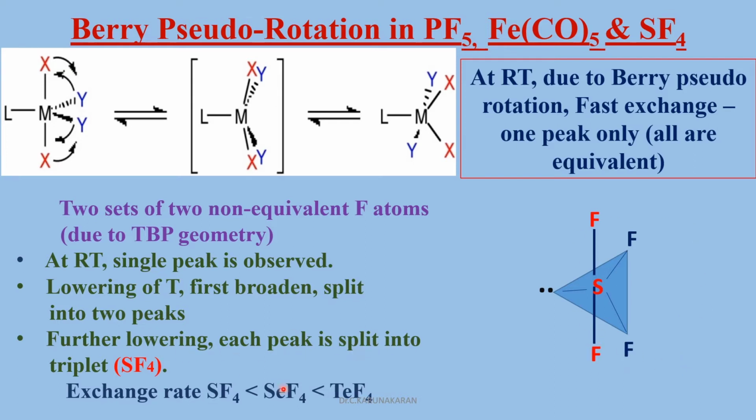Further, on lowering the temperature, each peak is split into a triplet. For example, the axial fluorine are split into a triplet because of coupling with the two equatorial fluorine atoms.